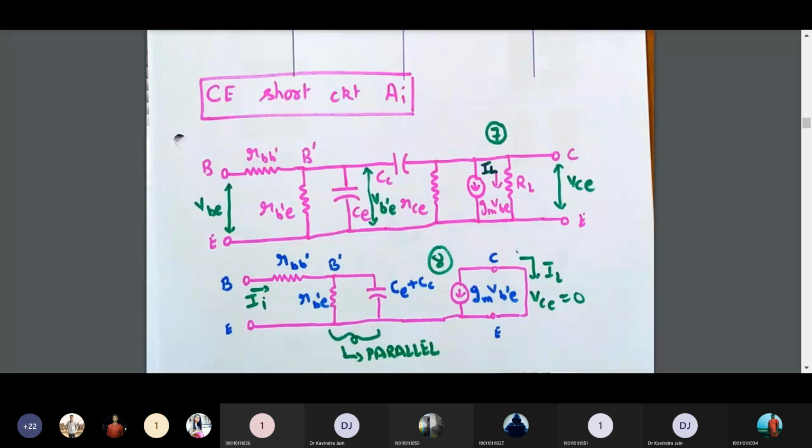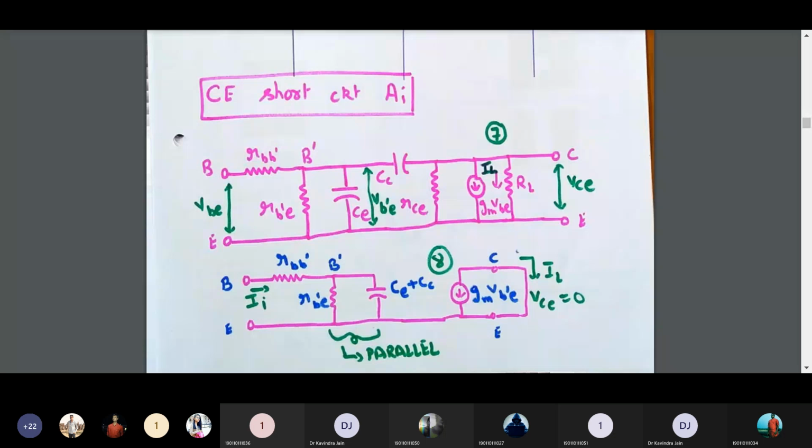I hope you have drawn the resistor from the junction point at CE, before RCE, labeled as RB dash C. Since the DC voltages are reduced to zero and RL is already equal to zero, RB dash C can be neglected because of its very high value.